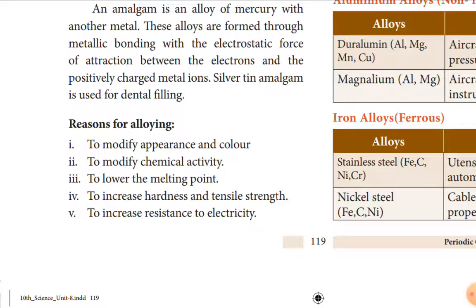Fourth point, to increase hardness and tensile strength. Hardness and tensile strength, that we have already learned. A small percentage of copper is added to gold, then only the making of ornaments is possible. The addition of copper gives the hardness and strength to make jewels from gold.